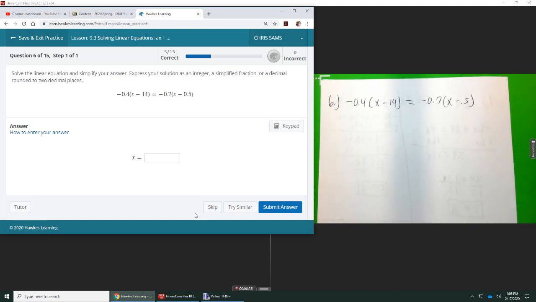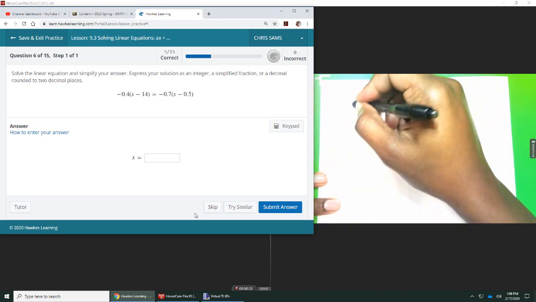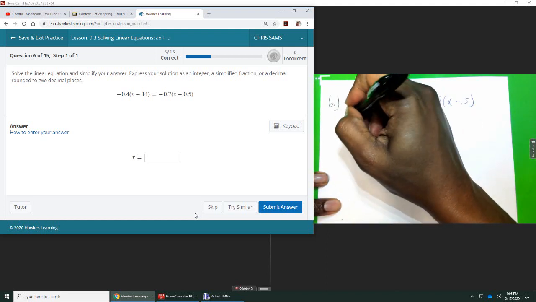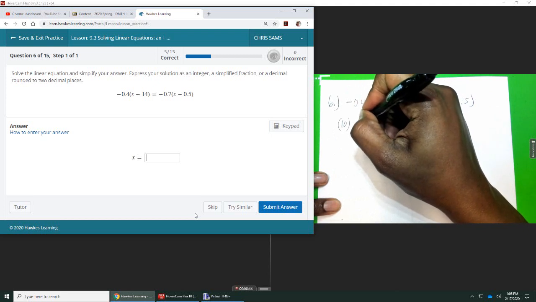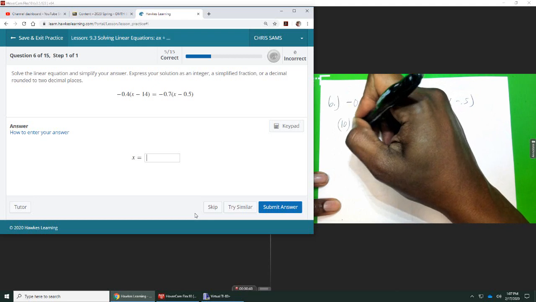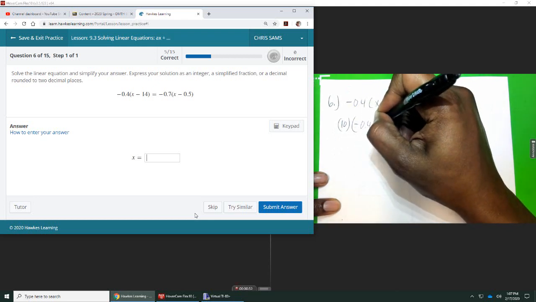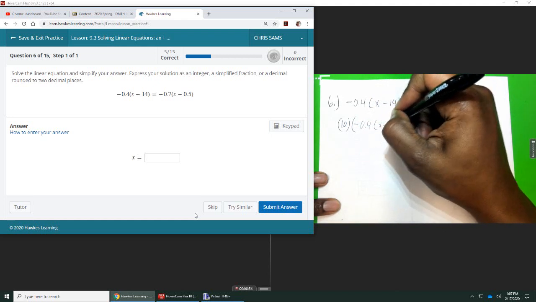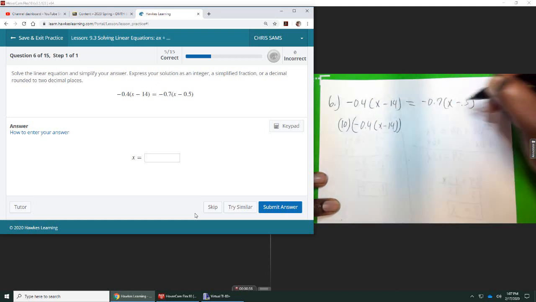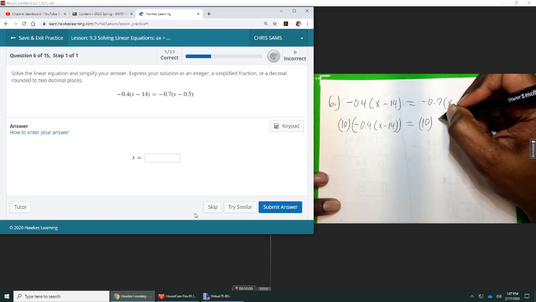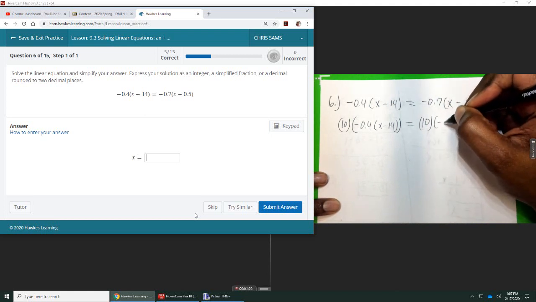Okay, so I would multiply by 10 on both sides. And then equals, I'm going to multiply by 10 over here as well.